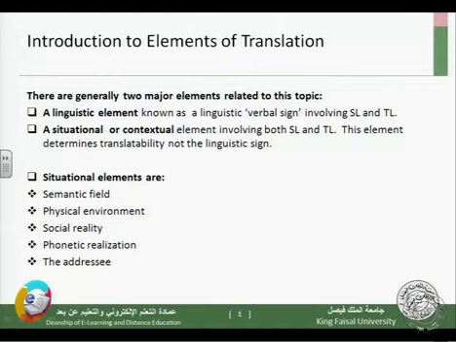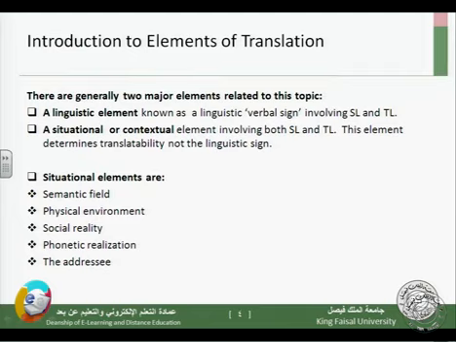And the situational or contextual element involving both SL and TL. This element determines translatability, not the linguistic sign.